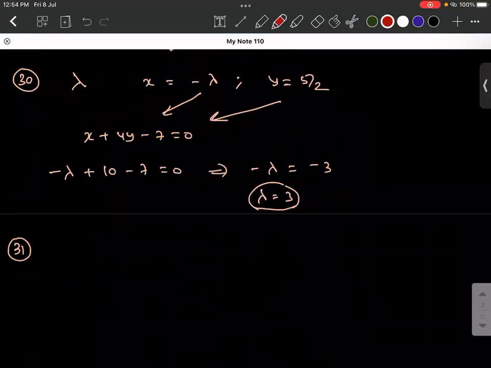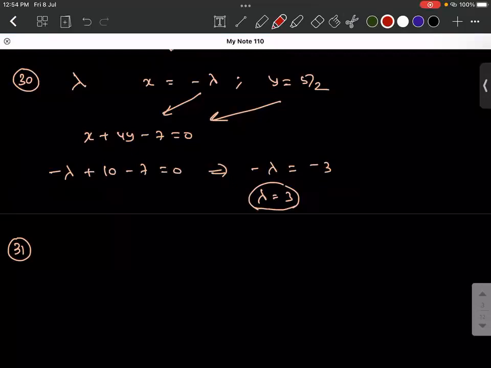Sonia distributed notebooks in an orphanage on her birthday. She gave 5 notebooks to each child and 20 notebooks to adults. Taking the number of children as x and the total number of notebooks distributed as y, the linear equation representing the above situation is... So total notebooks is y.